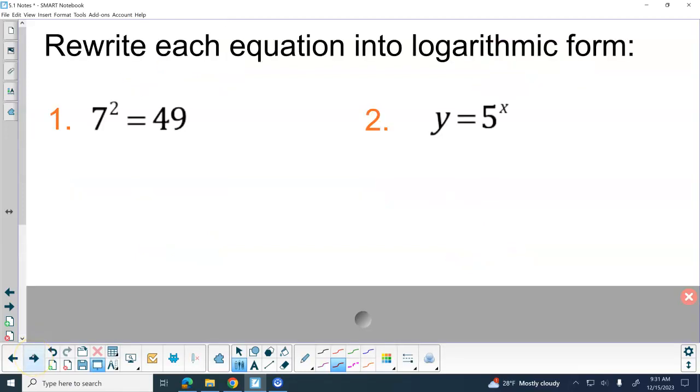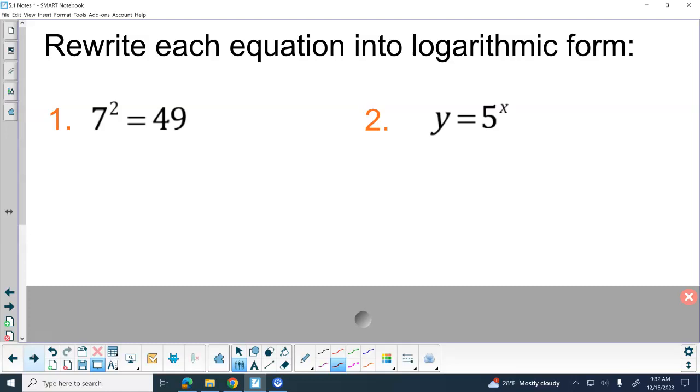Let's go exponential into logarithmic form. Okay? 7 squared equals 49. That is a true statement. 7 times 7 is 49. So let's put that into logarithmic form. Now, how do I know that that's an exponential form? Because I see an exponent.